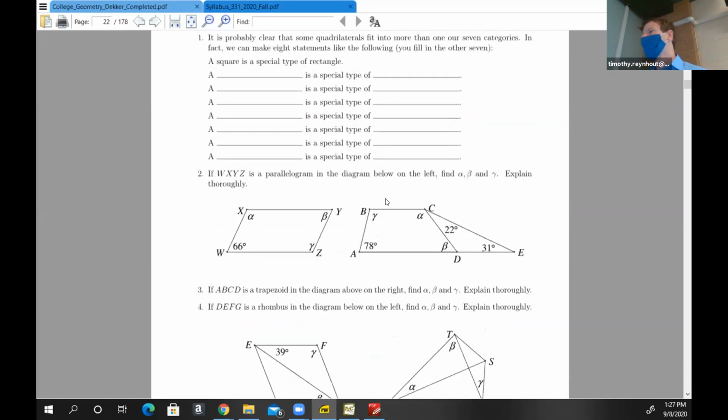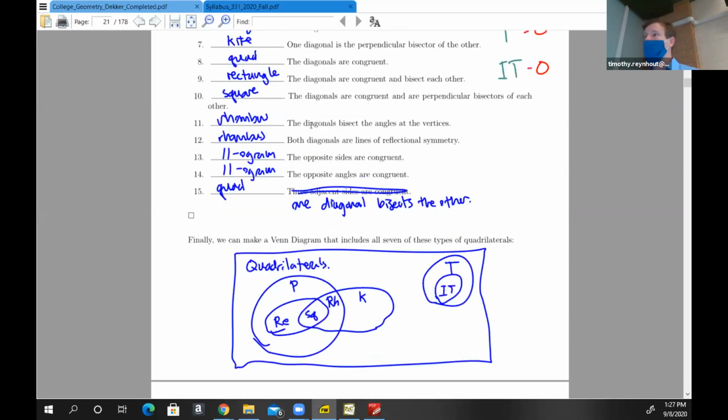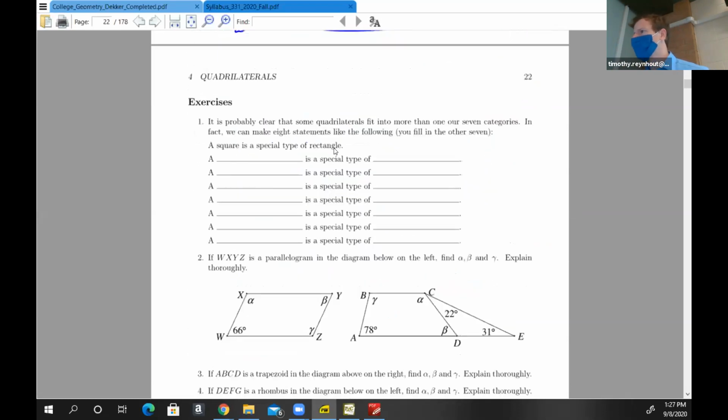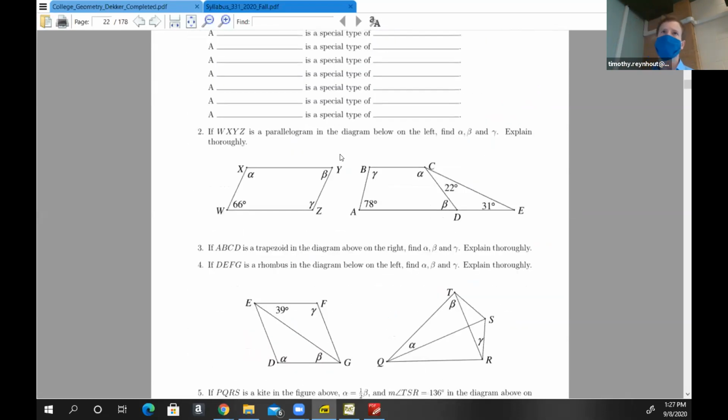I think I referred to section 3 for several things as well, for what sums of angle measures should be, I believe. So just make sure you're thorough with your justifications.